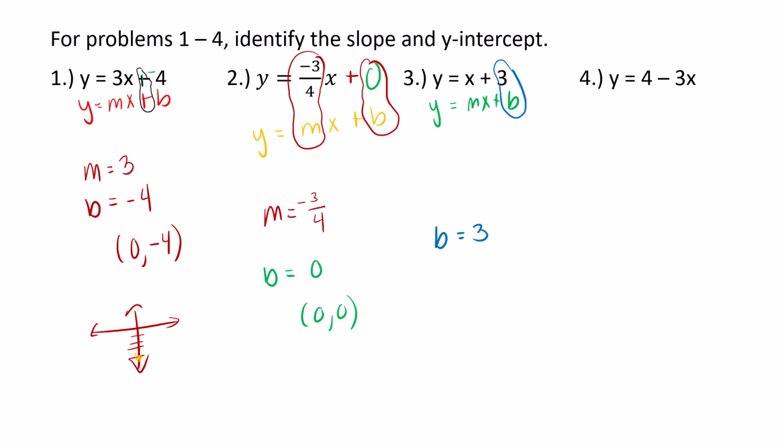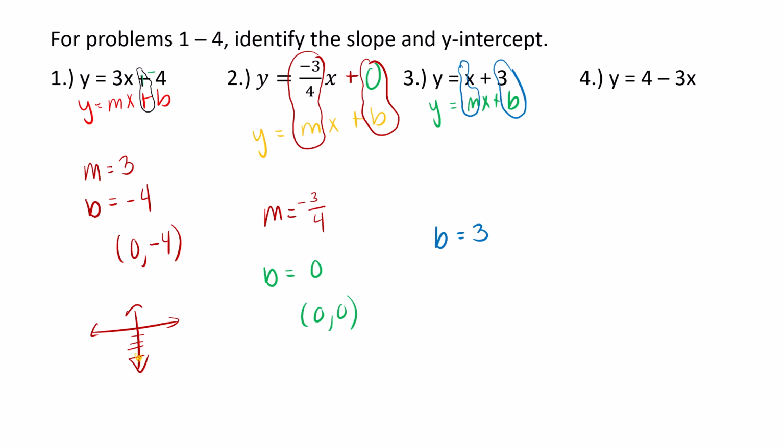What I get a lot from my students, when they're asked for the slope here, is x. The slope is x. Well, it can't be x. The x is lining up with the x here, and we know that the slope is the number multiplying the x.